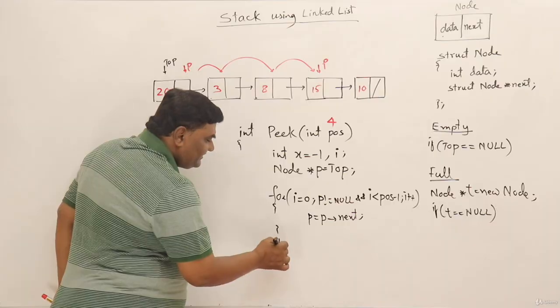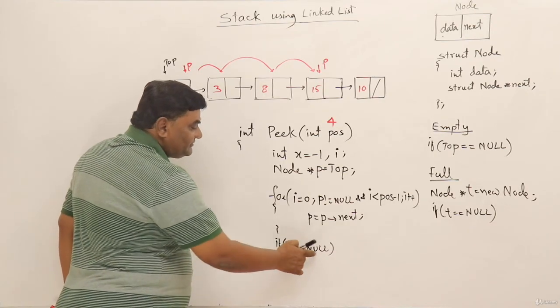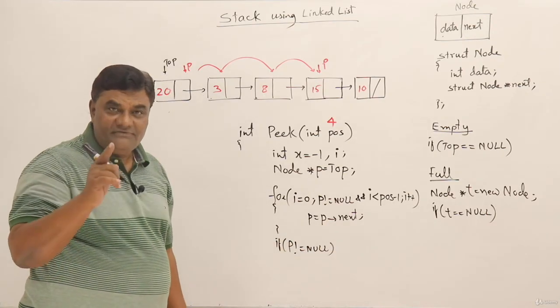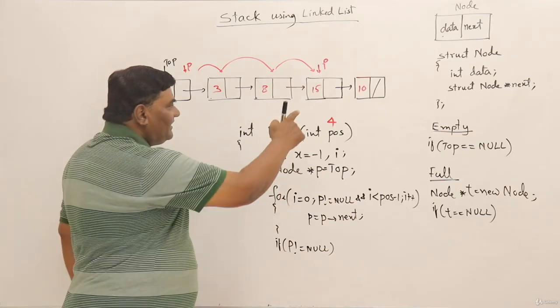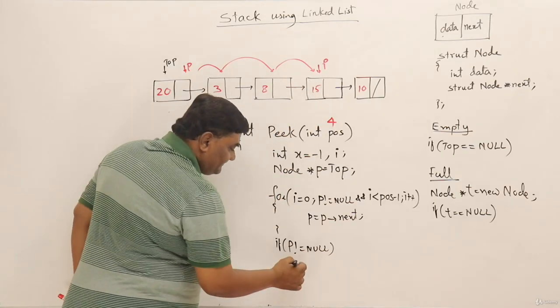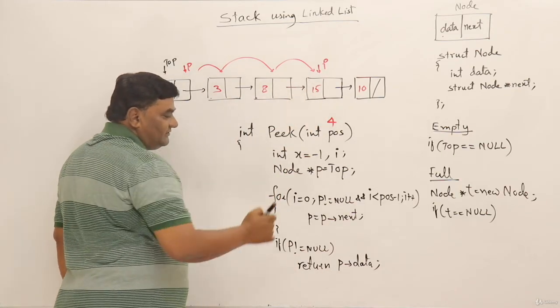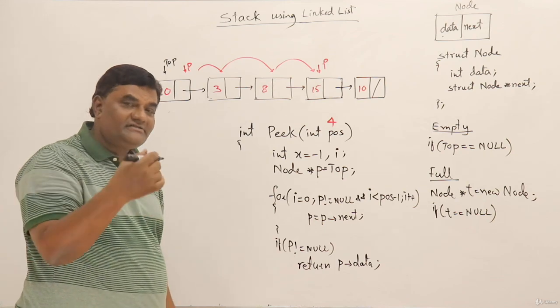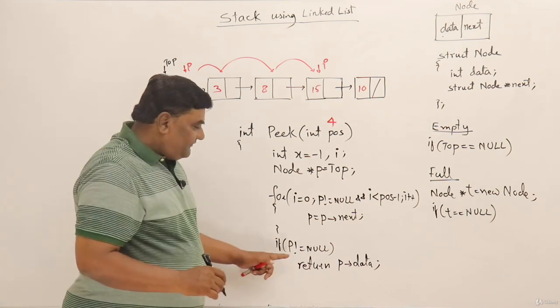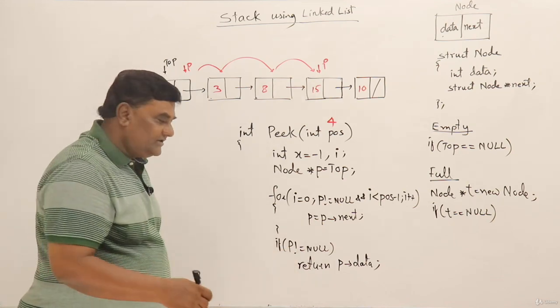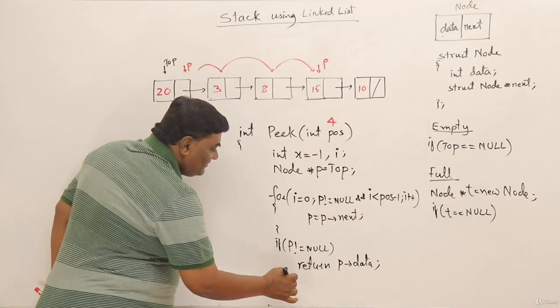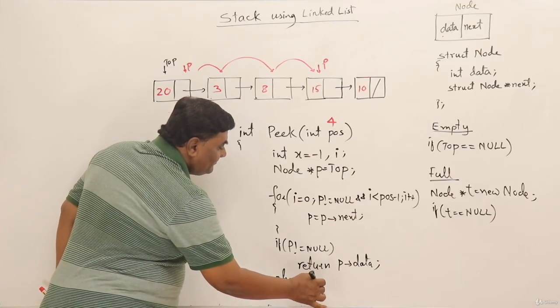So after the loop, check if p is not equal to null, means it is valid. Then return the element at that position, 15. Return p's data. This is not deleting, just we are sending the value, copy of a value. If it is null, then else return -1.